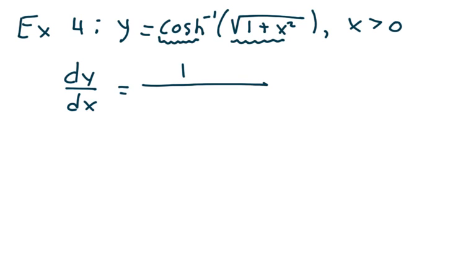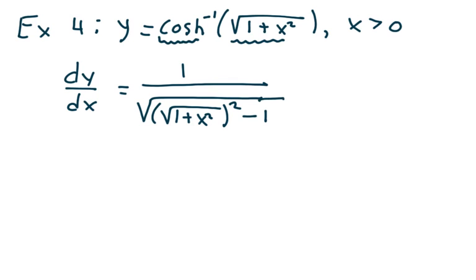So we get 1 over the square root of square root of 1 plus x squared, squared, and then I'm going to subtract 1. Okay? And then I'm going to multiply by the derivative of the inside function, which is square root of 1 plus x squared.